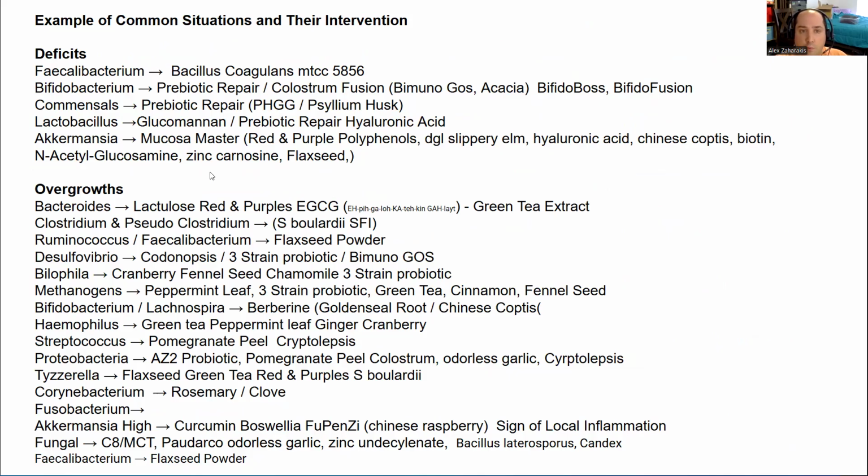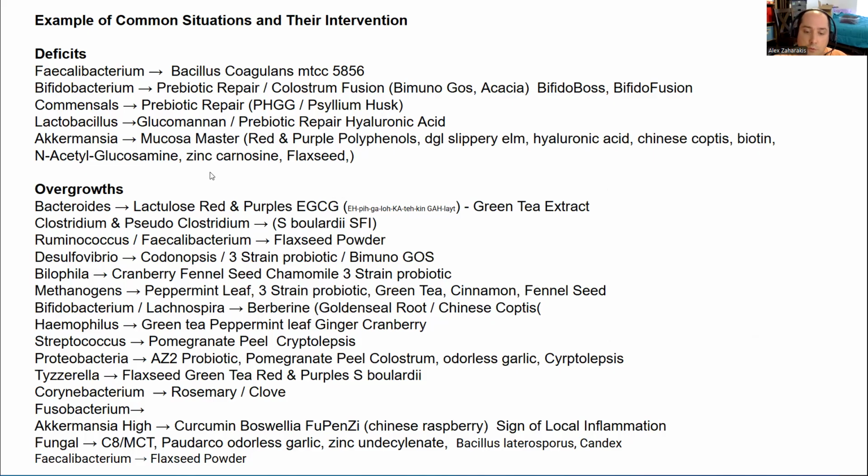If an individual presents with very low levels of Faecalibacterium, Bacillus coagulans, with the particular strain MTCC 5856, is very helpful at increasing that genus. It produces metabolites to help encourage Faecalibacterium to grow. There are other ways to increase Faecalibacterium, but I have found that this is tried and true, and very simple.